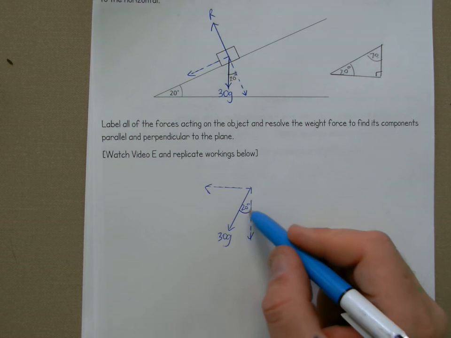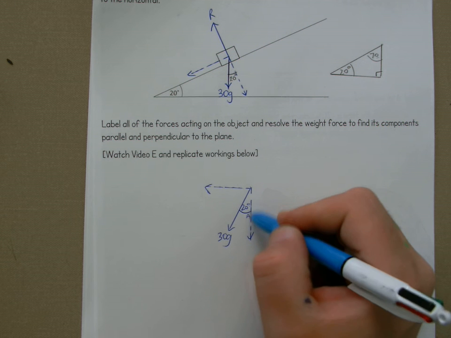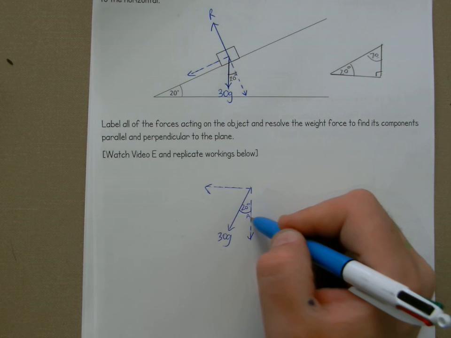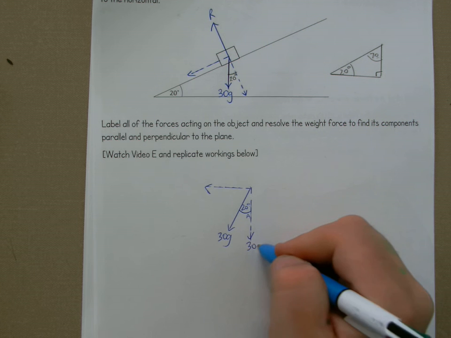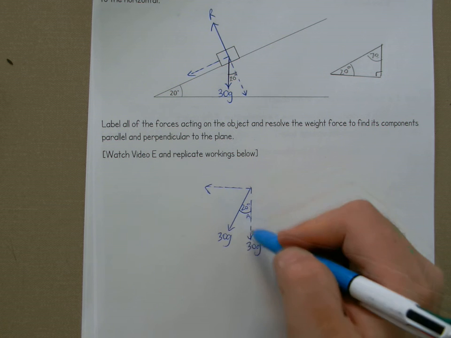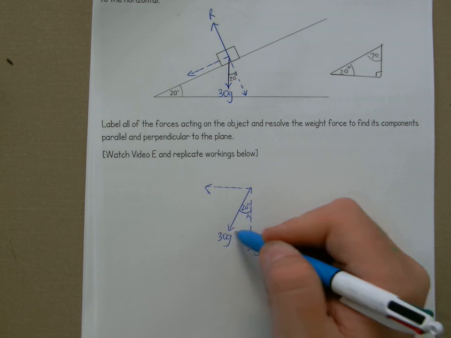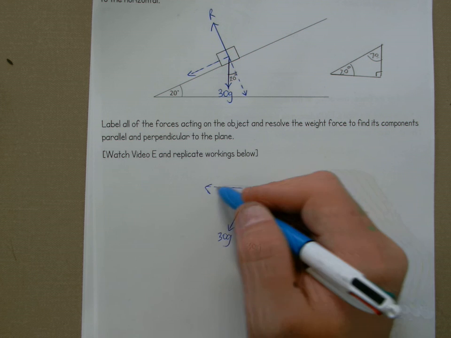As we saw before, where the angle is here, this is the adjacent side. With the angle adjacent, we're going to have cos. So that's going to be 30g cos 20. And then opposite the angle, this side here is opposite the angle, and this side is parallel to the plane.